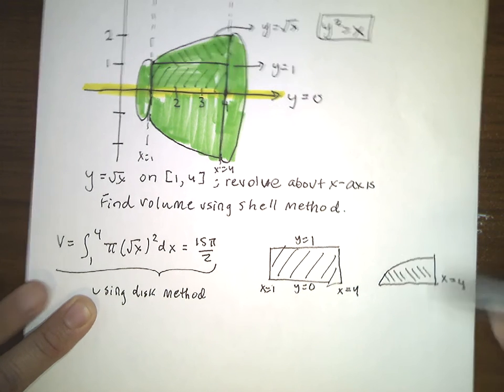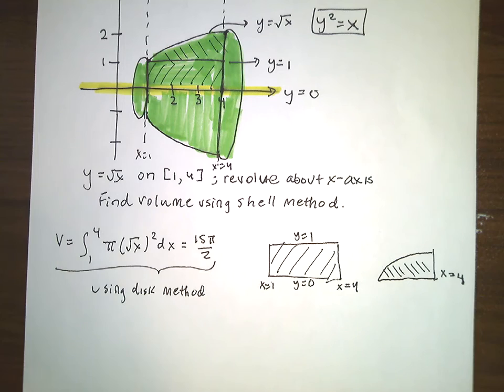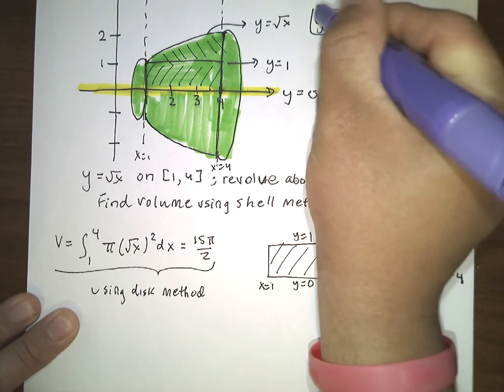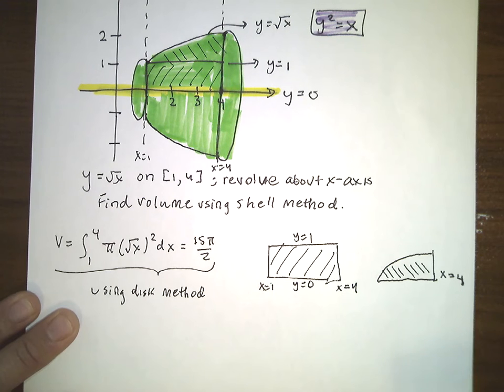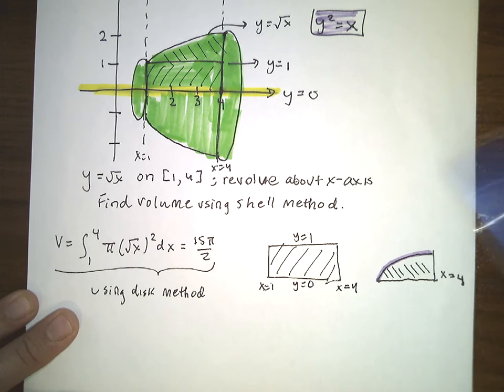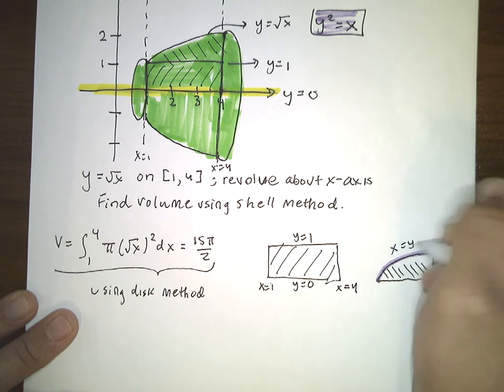And remember, when I solved for this in terms of y, I got y squared is equal to x. So this is x is equal to y squared.